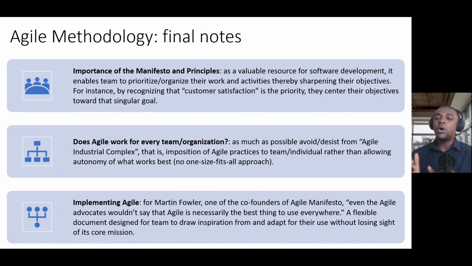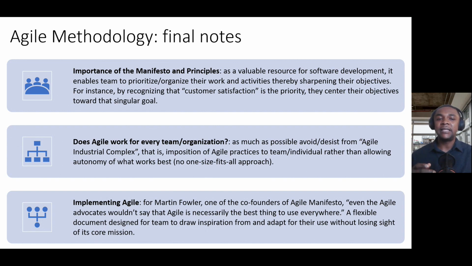In other words, there is no one size fits all for Agile. Each team could tweak, adapt, or adjust the principles, values, or manifesto in such a way that it suits the environment they are working in. So as much as possible, try to avoid the Agile industrial complex.